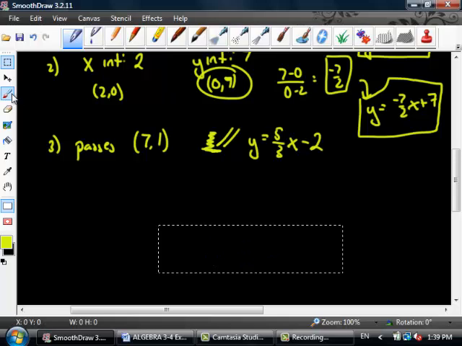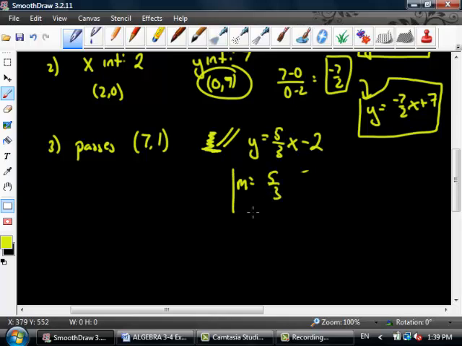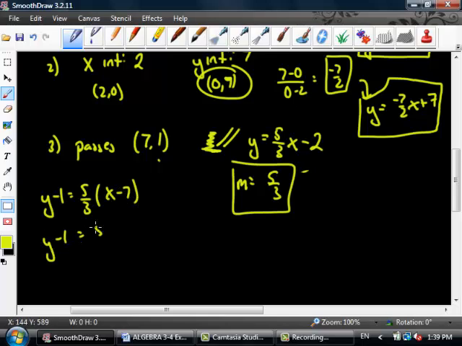If it passes through 7, 1, and this is my equation here, and I'm looking for a line that's parallel, what is the slope of the line that I am interested in? Jared? 5 over 3. This is my slope. These are my points. So I have y minus 1 equals 5 over 3 times x minus 7. Y minus 1 equals 5 over 3x minus 35 over 3.